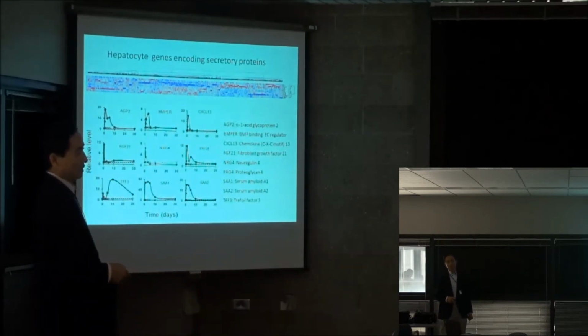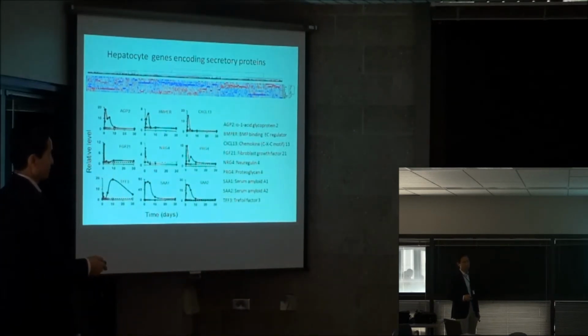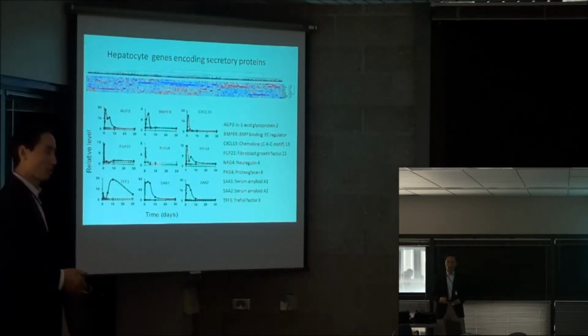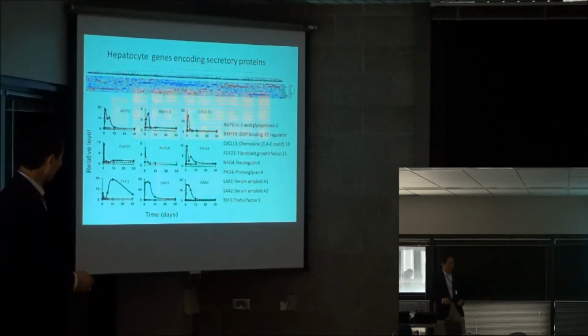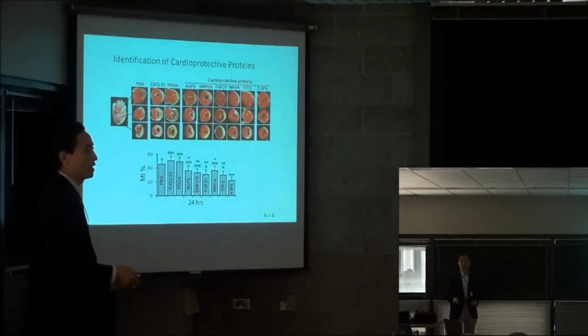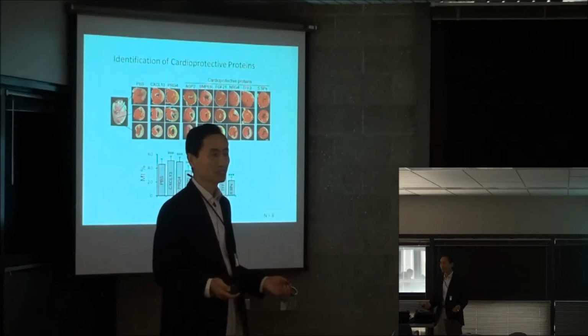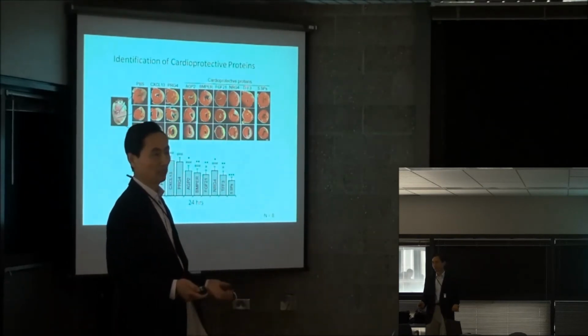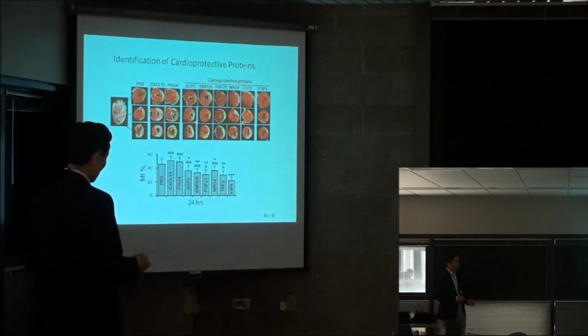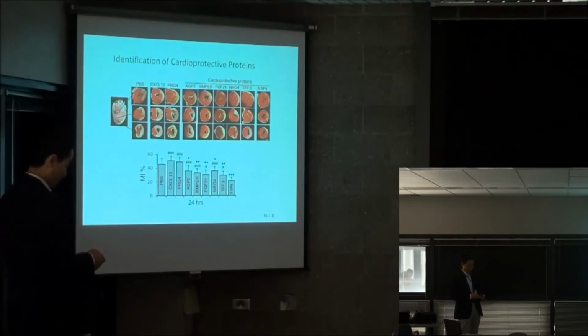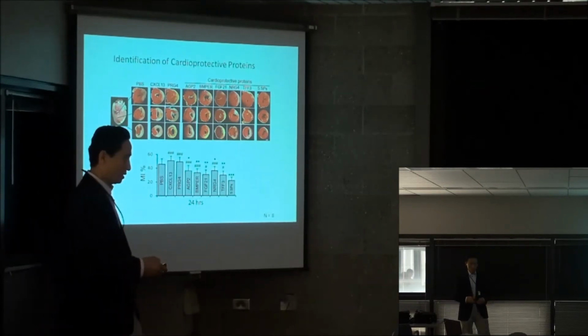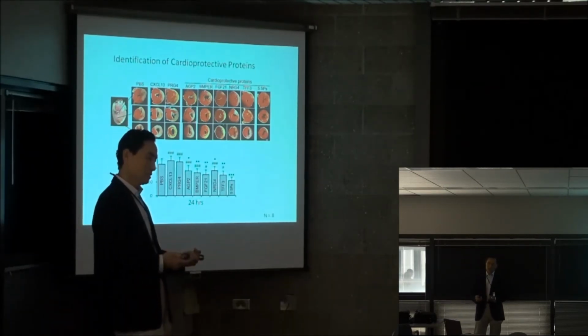infarction. And so the hypothesis from that was, well, these molecules might include cardioprotective factors. In the following, I'm going to show you how to find cardioprotective factors from this population of secreted proteins upregulated in the liver. So the screening method was injection of recombinant protein.